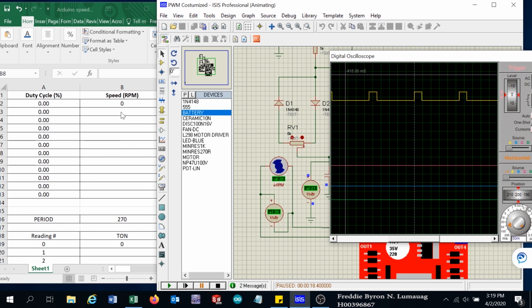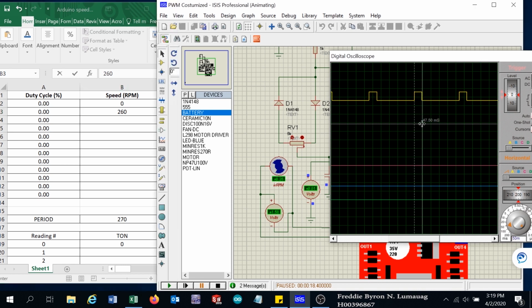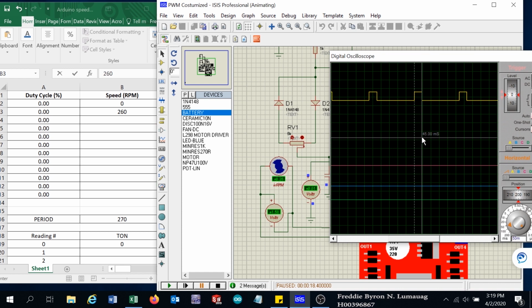We'll put it here. This is 260, and the time is 45 milliseconds.